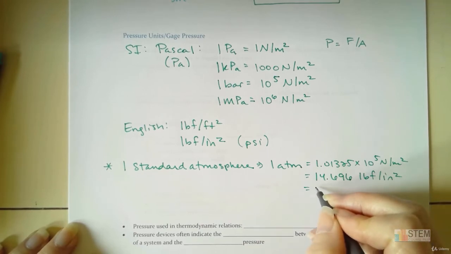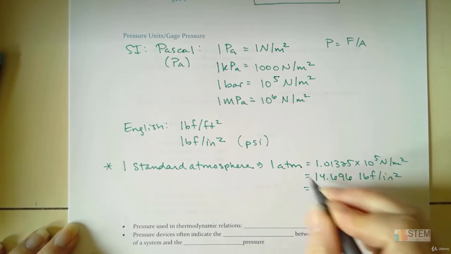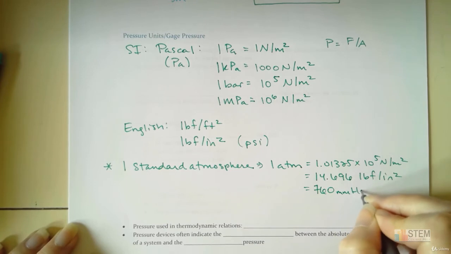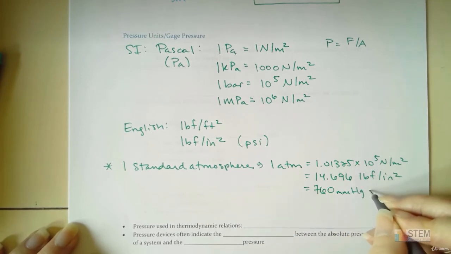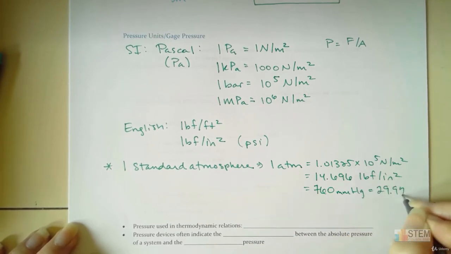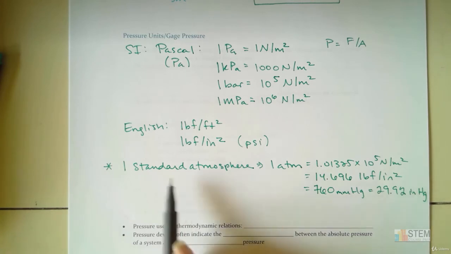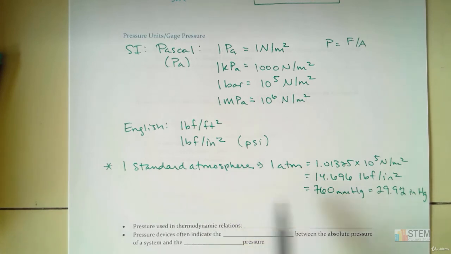And there's also another unit called millimeters of mercury or inches of mercury. So 1 atmosphere is equal to 760 millimeters of mercury, and that's equal to 29.92 inches of mercury. Okay. So this is your standard atmospheric pressure. So this is at 1 atmosphere. That's going to be your PSI value that's associated with 1 atmosphere. Okay.